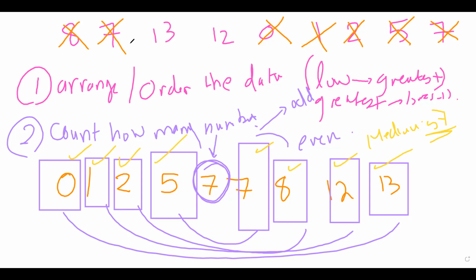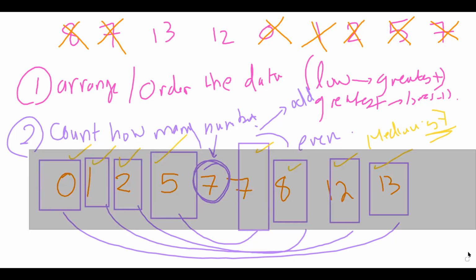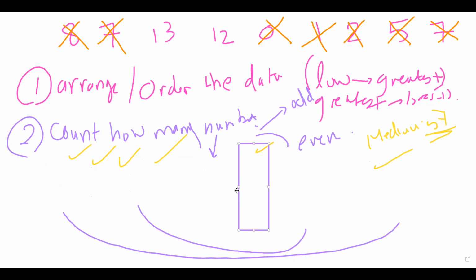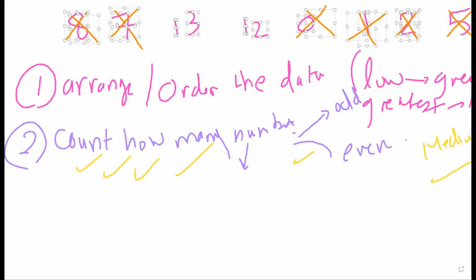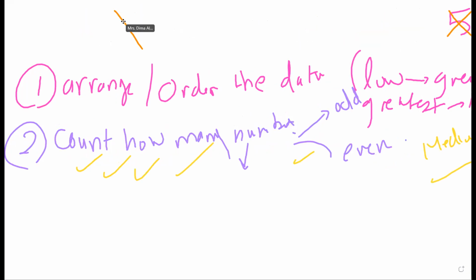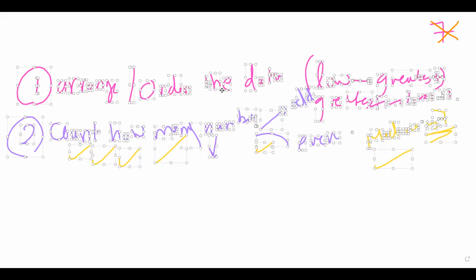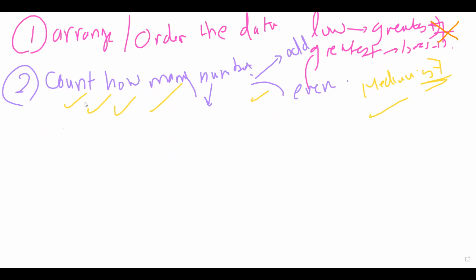Now, what do we have to do if they are even? Let's see now. I will give you another set of numbers, in order to find the median if we have an even number.